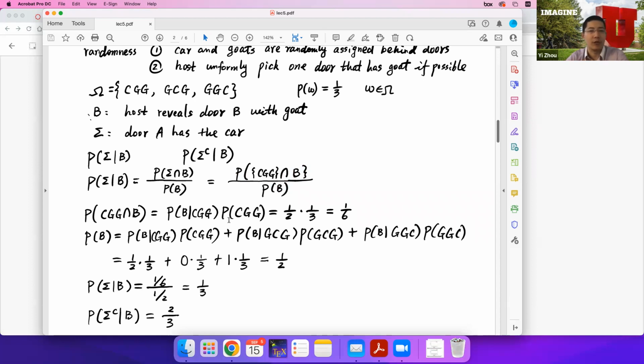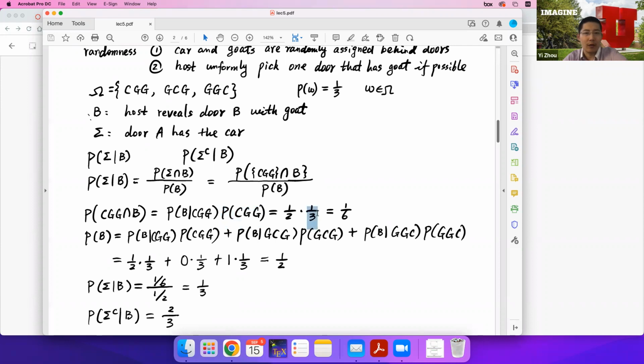This is by the conditional probability rule, and this is easy to compute. Now let's look at these terms one by one. For this one, the event means that door A has the car. And this happens with probability 1/3 because the car is randomly assigned to 3 doors. So the probability that door A has the car is 1/3. So that is this term.